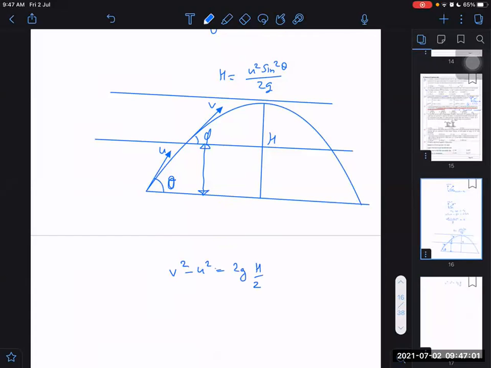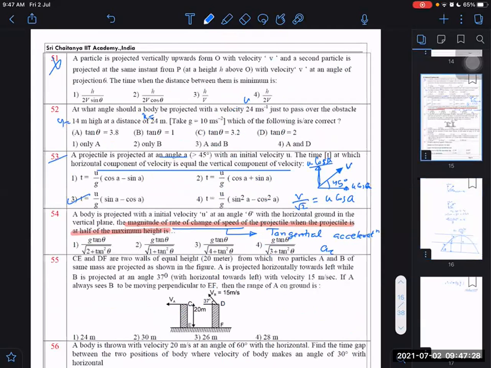No, not plus, it is minus 2g into h by 2 because acceleration is negative. Otherwise also we know that v will be less than u, so this will be negative, and I should put minus 2g h by 2. Also, one more equation we know, v cos phi will be equal to u cos theta. Horizontal velocities are the same.